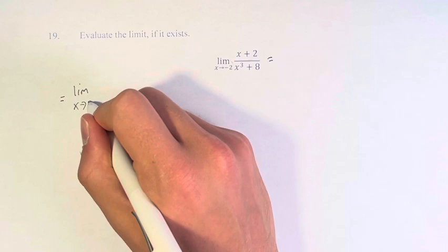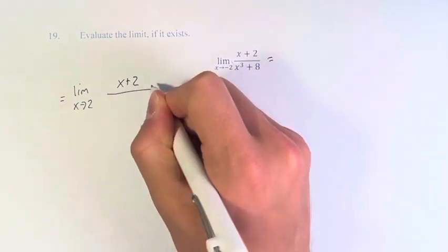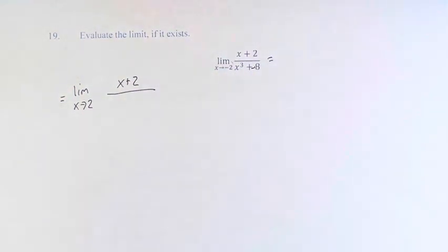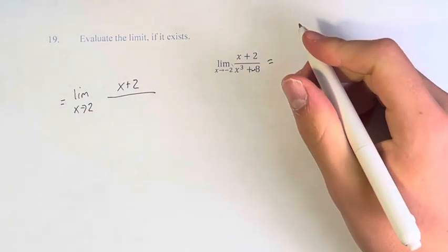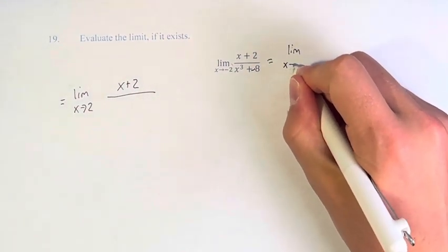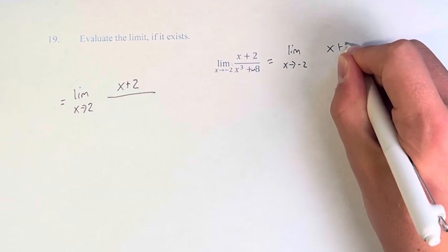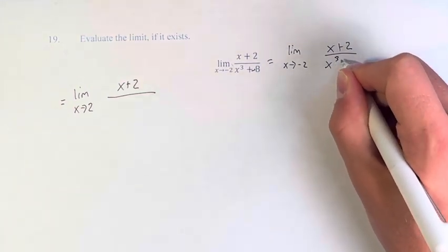And the way we're going to do that is we have x + 2 on top, and here we have the sum of two cubes, right? So this is the limit as x approaches -2 of (x + 2) over (x³ + 2³).